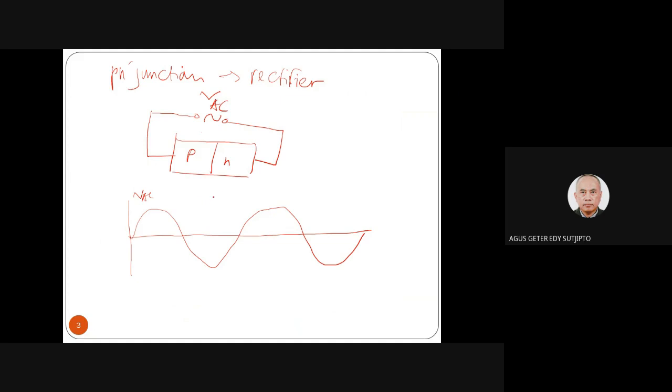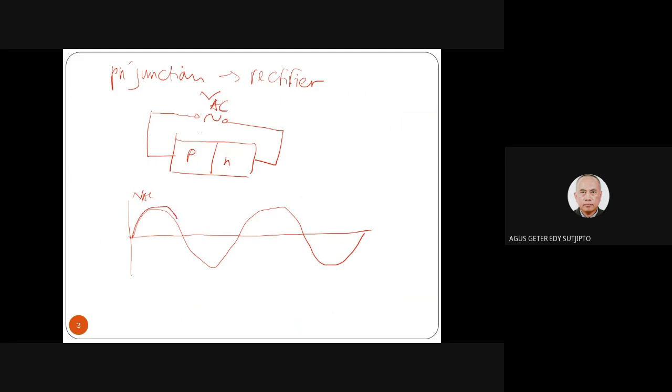And then what happens if we apply the alternating current to the PN junction? When the positive is applied to the P here, the current will flow.